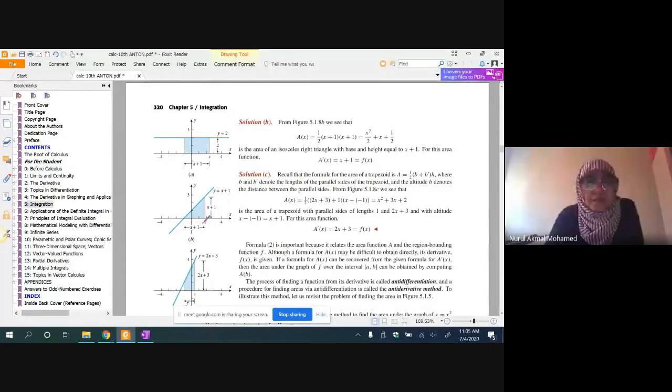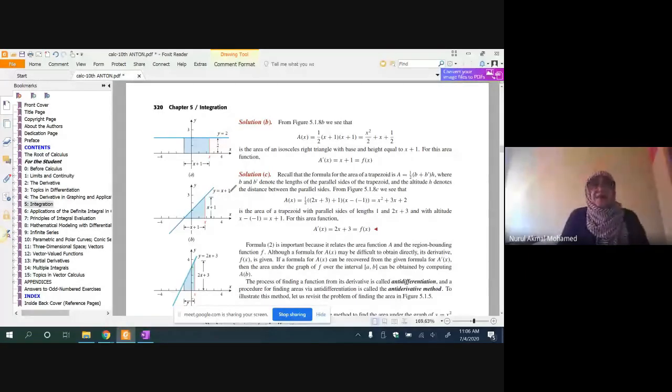So the height here, the y coordinate corresponding to this coordinate x, will be what? It will be x plus 1, because the function is defined by y equal to x plus 1.